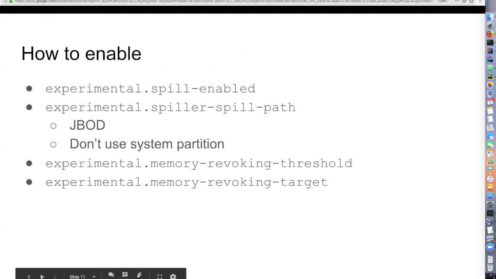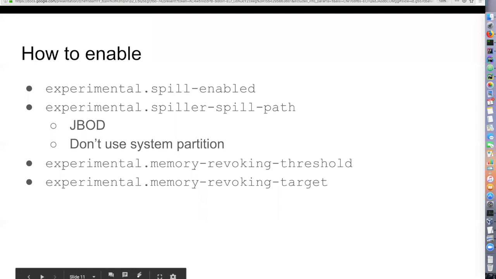One more thing about the strategy. Maybe this is obvious for everyone, but it might not be: spilling happens on a node, and it's not a global decision, unlike killing the biggest query or promoting to the reserve pool. Spilling is a local decision on a node, so it can gracefully handle skew.